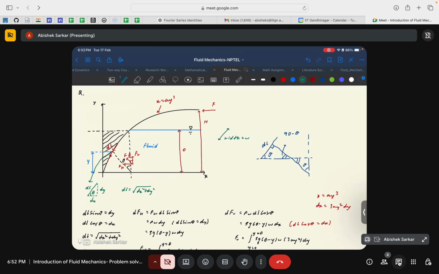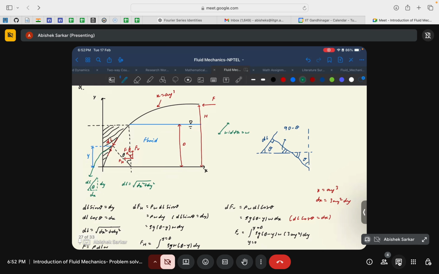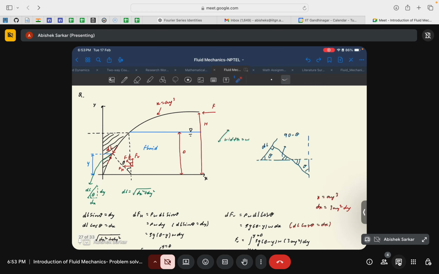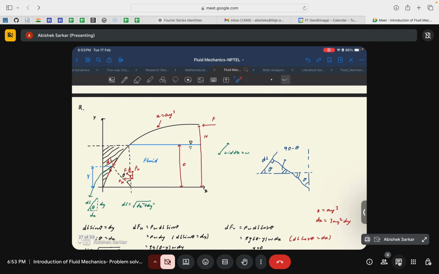For example, if this is a curved surface defined by x is equal to a y cube. You may also have something like x is equal to 4y square, a simple parabola. This is a cubic curve, but you might deal with a parabola as well, depending upon the given problem.